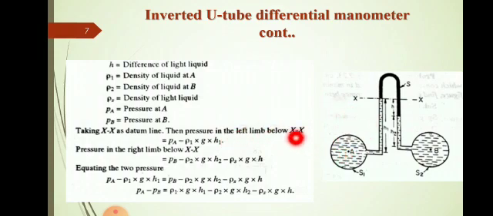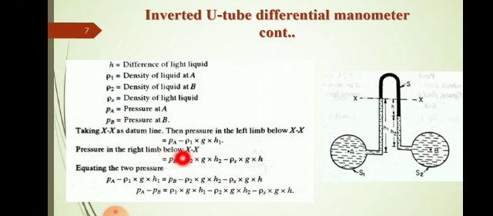Earlier we used to add the pressures to get the total pressure above XX, that is, PA plus rho GH, but here since it is inverted, you have to take the difference. That is, the total pressure in the left limb below XX will be equal to PA minus rho 1 GH1. Okay, so remember this point, PA minus rho 1 GH1.